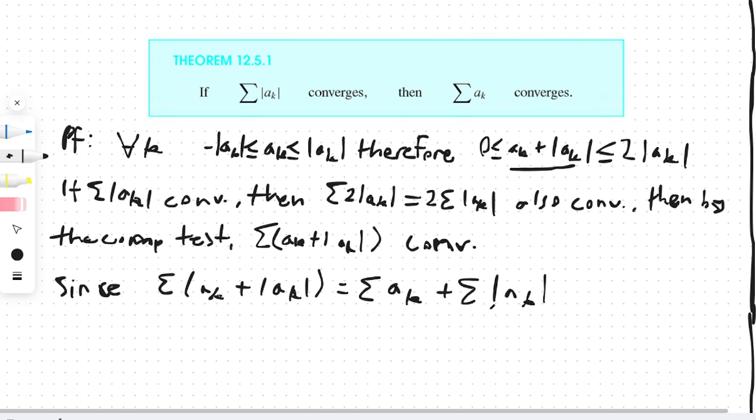So we know the series of a_k plus absolute value of a_k converges.